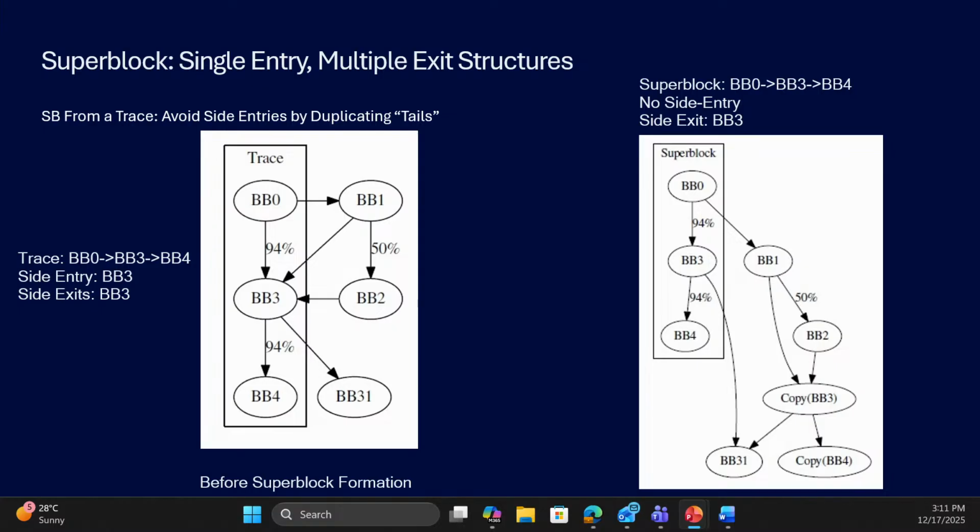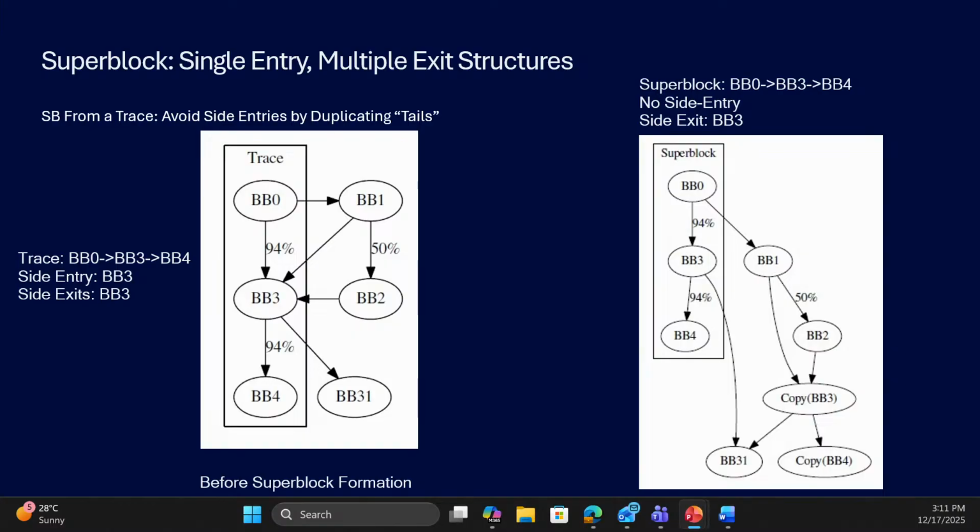We'll pick BB0. We will end up with the same trace even if we pick BB3 or BB4, but for simplicity, we pick BB0. We try to extend the trace forward by examining its most frequently executed successor. What are the successors of BB0?